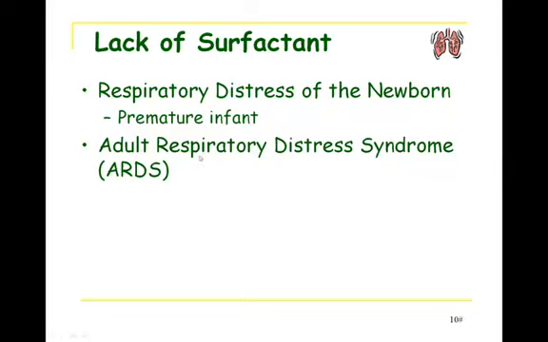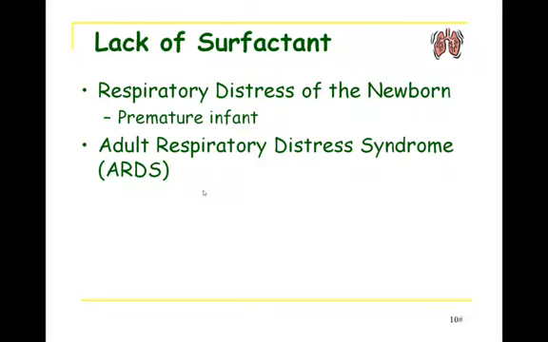Examples of adult respiratory distress syndrome could be from acid-base disorders like acidosis, pneumonia. You get impaired production with people with pneumonia. Drowning victims. Here's more of a washout of surfactant with drowning victims. Hypoxia or even hyperoxia. Both of those, too much or too little oxygen, can cause adult respiratory distress syndrome.